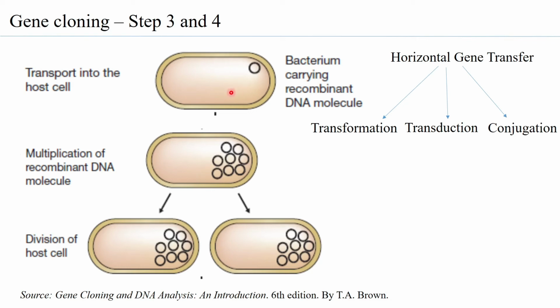Once you have the host cell containing the vector, the vector inside the host cell multiplies. Why? Because it is an autonomously replicative system and it can use the host replicative machinery to multiply. This is definitely a several fold increase in the number of the recombinant DNA.